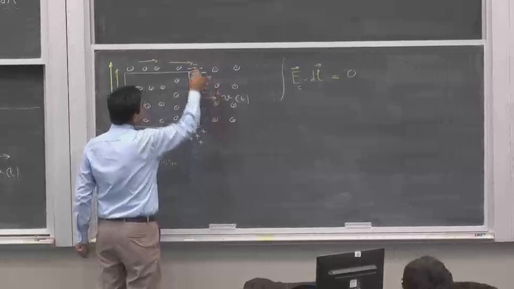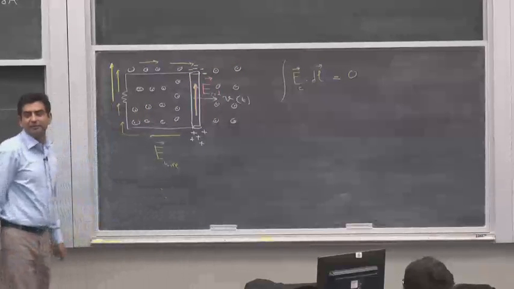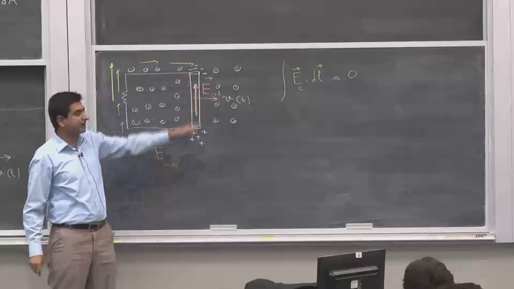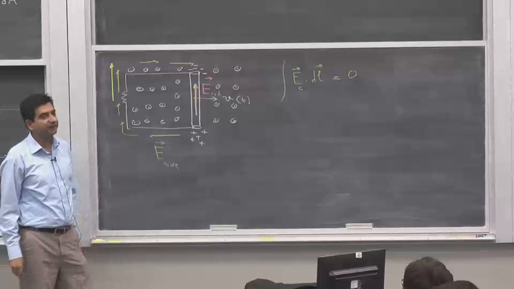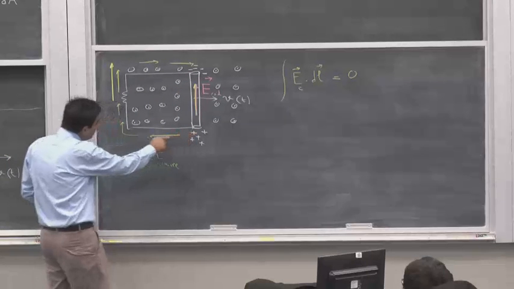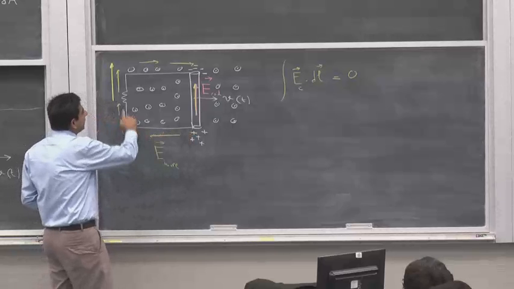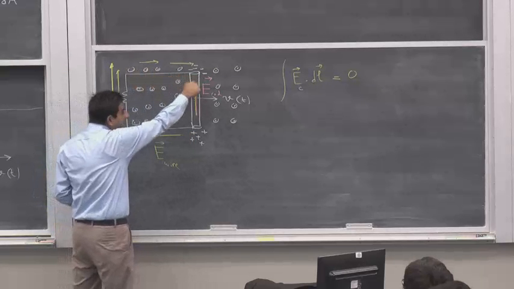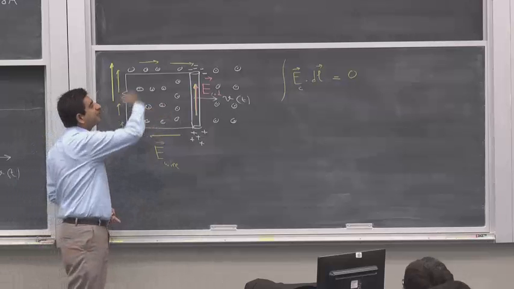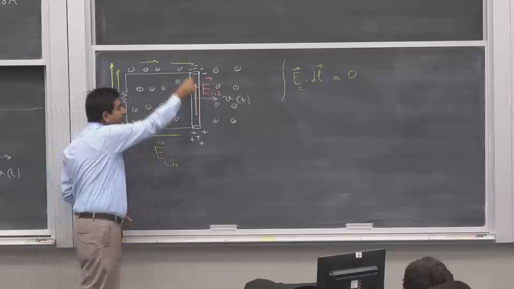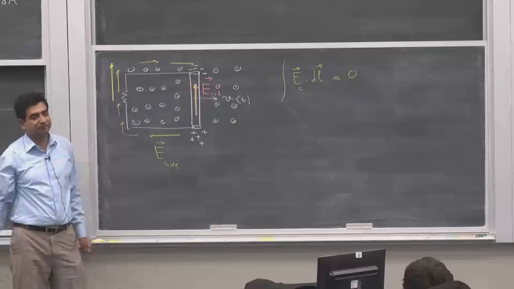This is just acting like a battery. Positive charge, negative charge, the field points from positive to negative charges. Alright? So here, as you go around the circuit, you're moving with the field, parallel to the field, but here you're moving against the field. So one path causes a drop in the voltage, the other path causes an increase in the voltage.